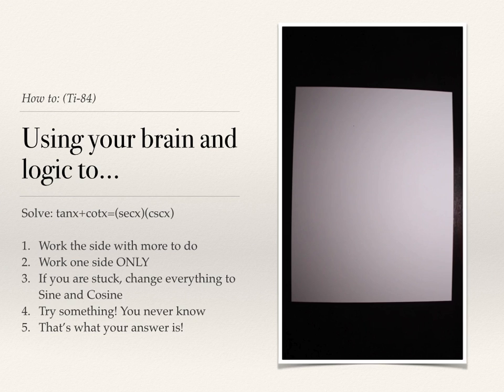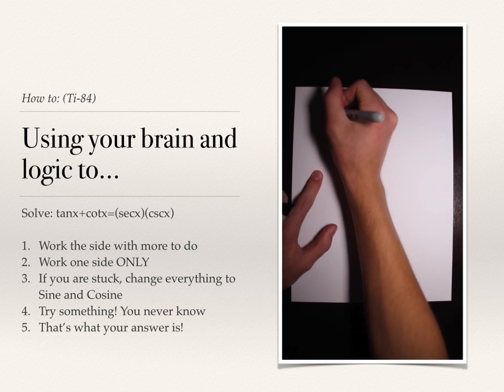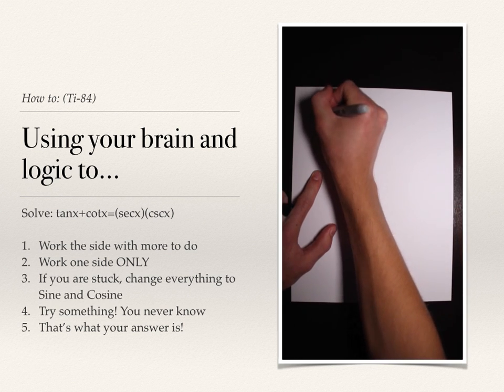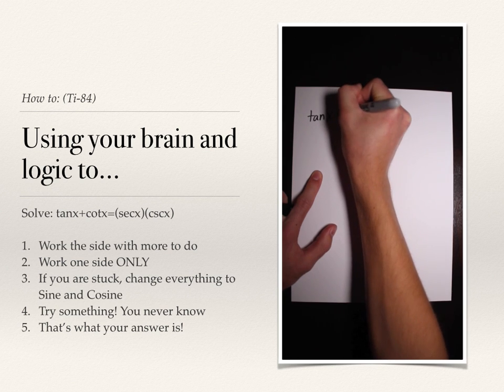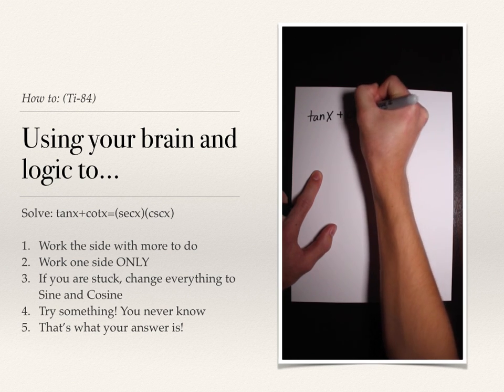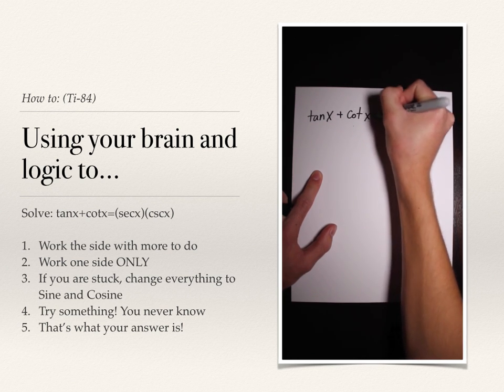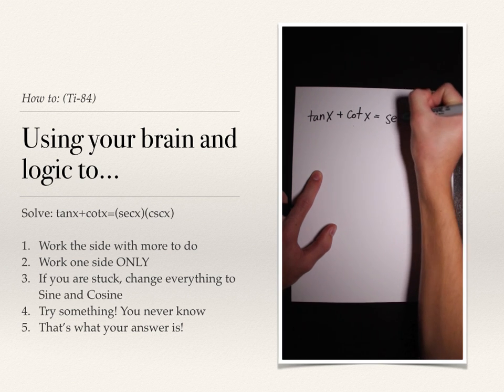So, using what you learned in trig identities that you should know, I'm going to teach you how to use them right now. And so, we're going to work with tangent x plus cotangent x equals secant x times cosecant x.